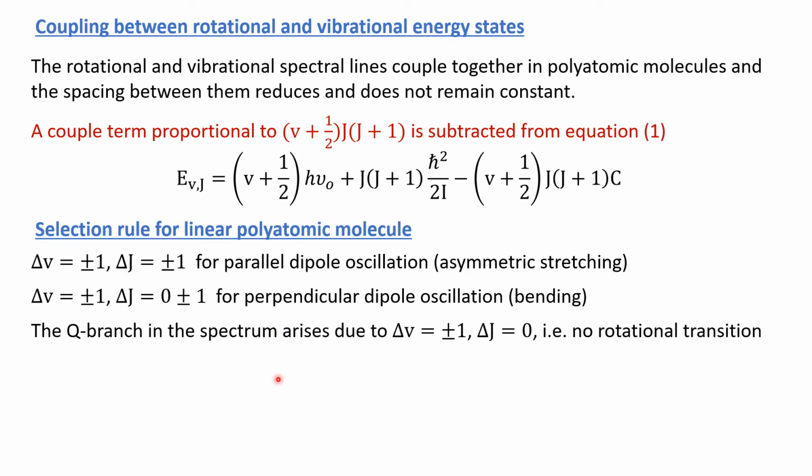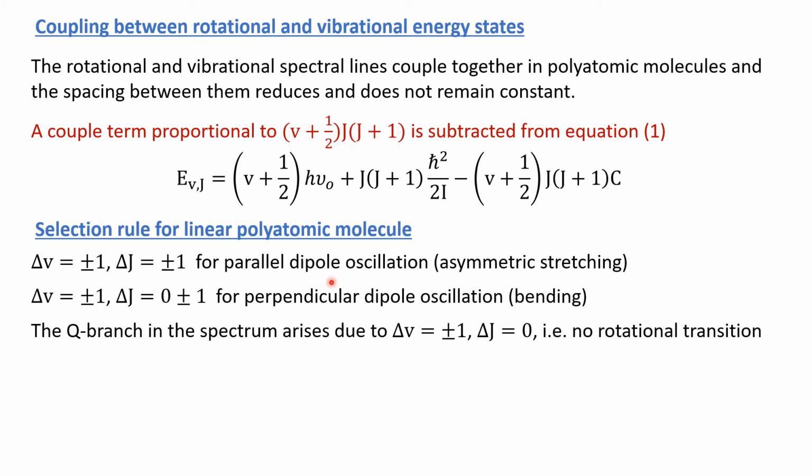Similarly, we have different selection rules for the linear polyatomic molecules. For example, we take the example of carbon dioxide. In carbon dioxide, we have stretching and bending. The asymmetric stretching gives rise to the dipole oscillation parallel to the bond axis. When there is symmetric stretching, there is no change in the dipole moment.